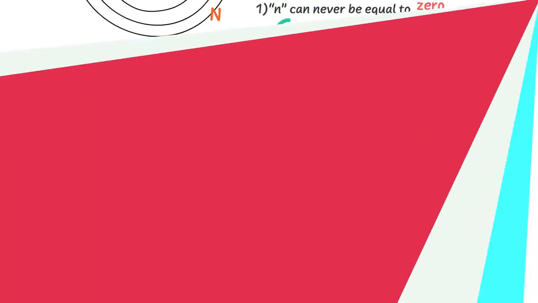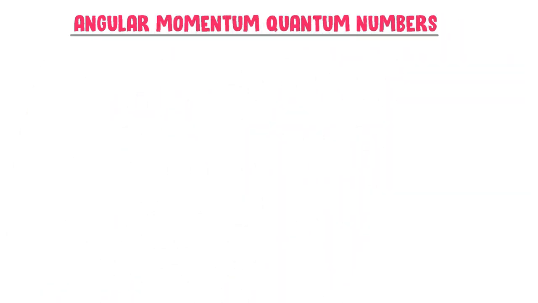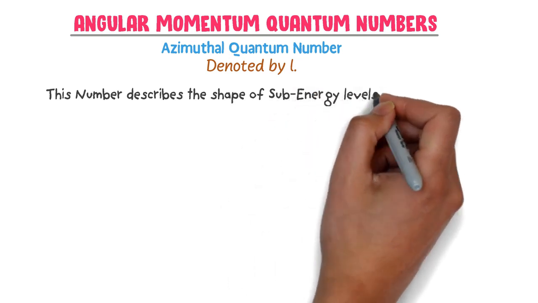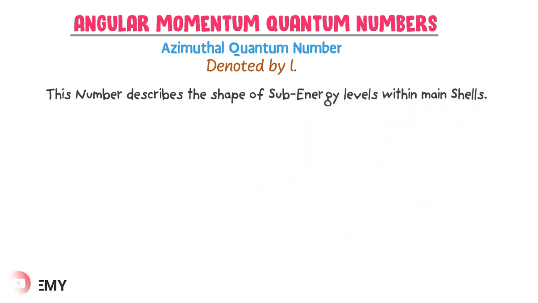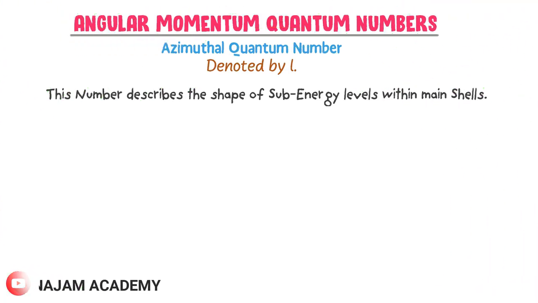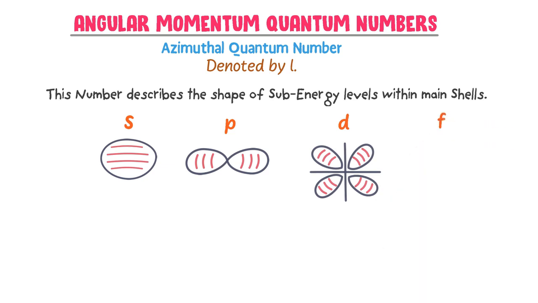The second quantum number is the angular momentum quantum number, or commonly known as the azimuthal quantum number. It is denoted by small l. This number describes the shape of sub-energy levels or subshells within man shells. We know that there are 4 sub-energy levels: s, p, d and f.